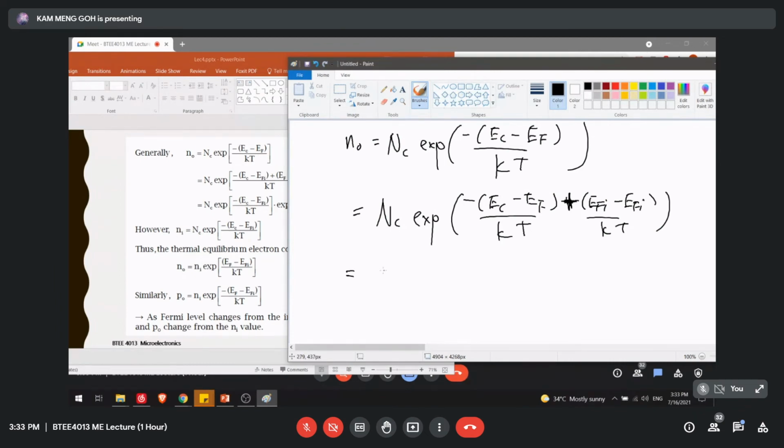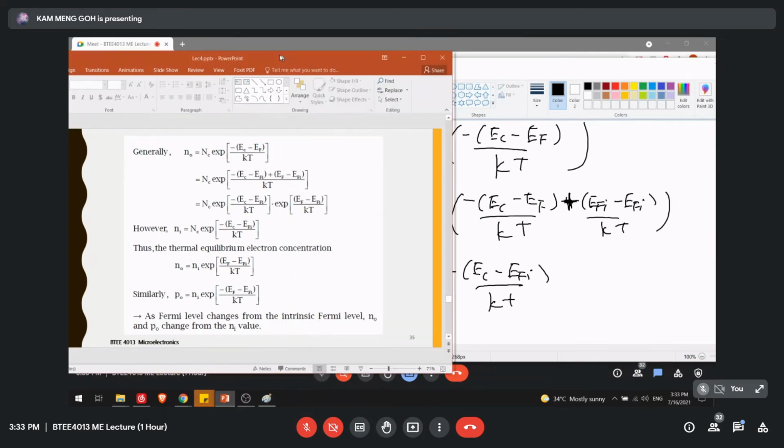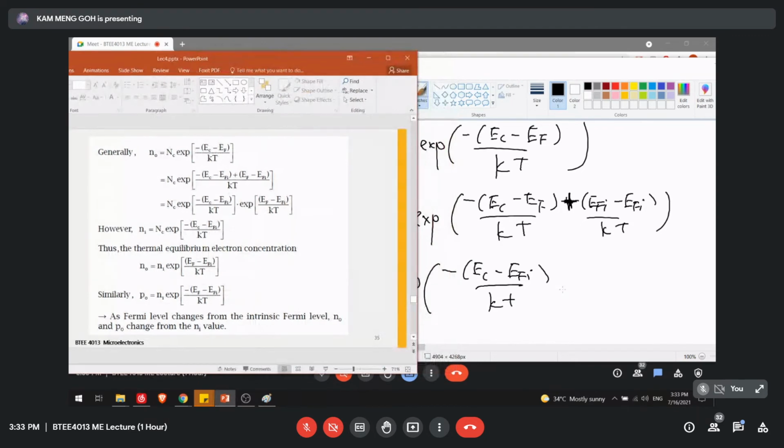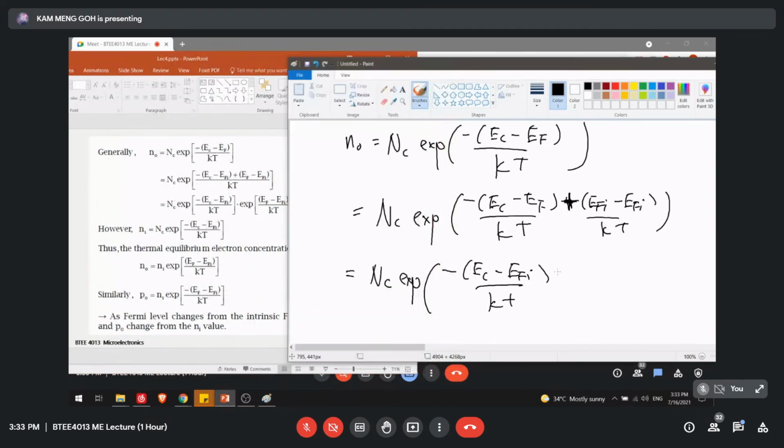Okay, then we try to integrate both together. NC exponential, then we use the EC minus EFI first over KT, and then we plus the EF minus EFI over KT.